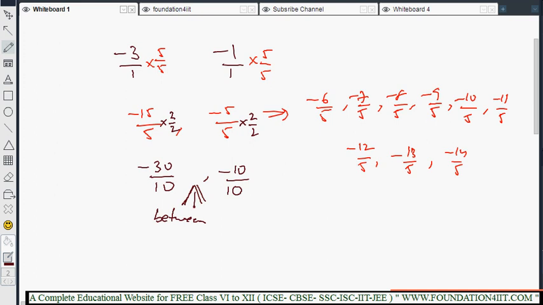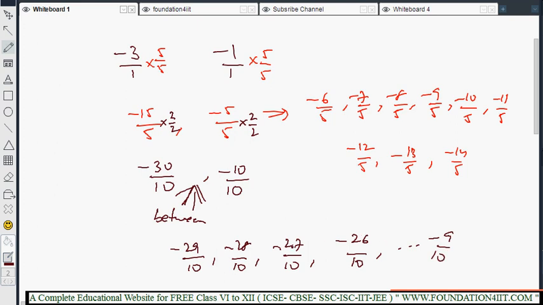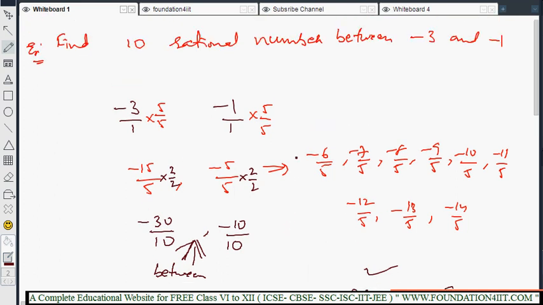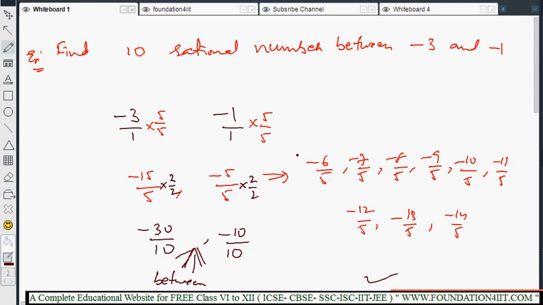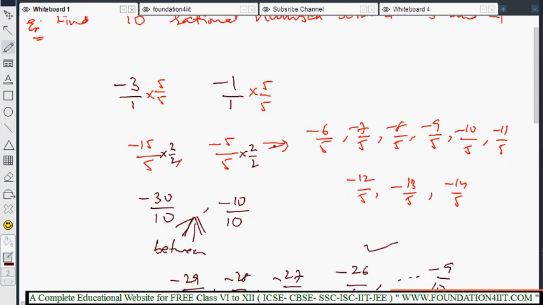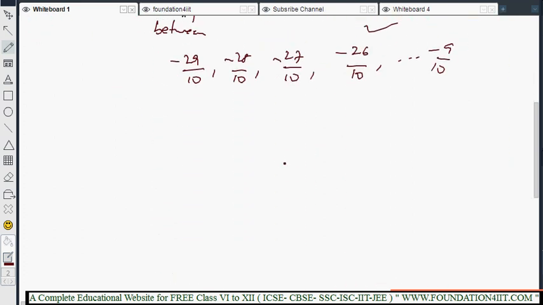That means -29 by 10, -28 by 10, -27 by 10, -26 by 10, and so on up to -11 by 10 also. So not only 10, we'll get more than 10. This is the way we can write rational numbers between any integers, whole numbers, natural numbers, even rational numbers also. However many you want, that many we can make.